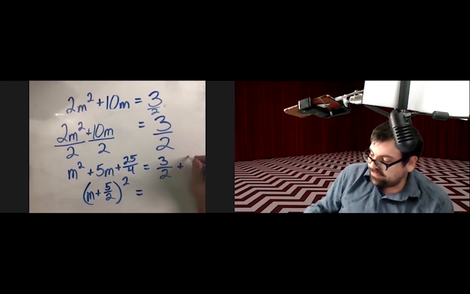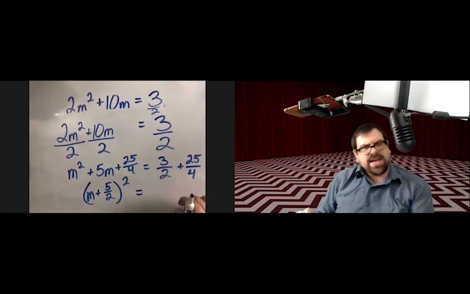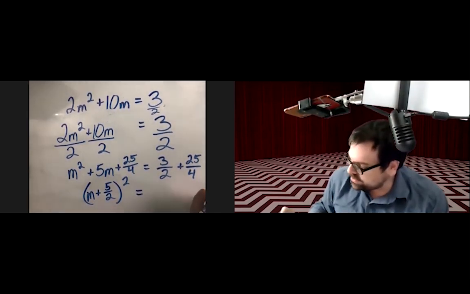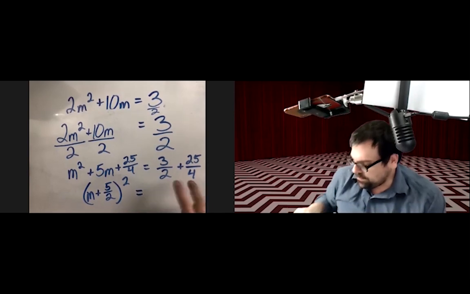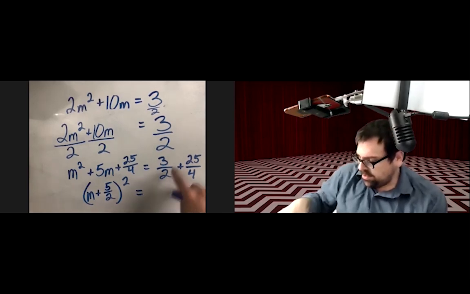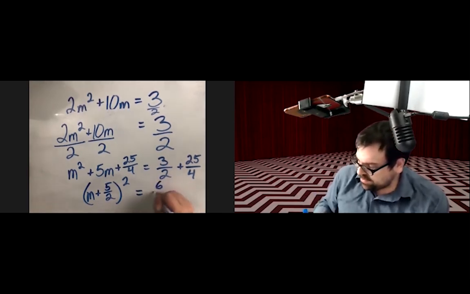If I'm adding 25 fourths on one side, I will add 25 fourths on the other, because them's the rules. And how do I add two fractions? Well, I get a common denominator. 3 halves is 6 fourths.